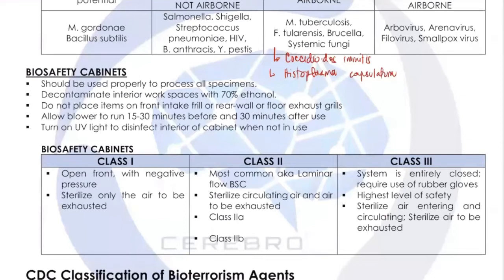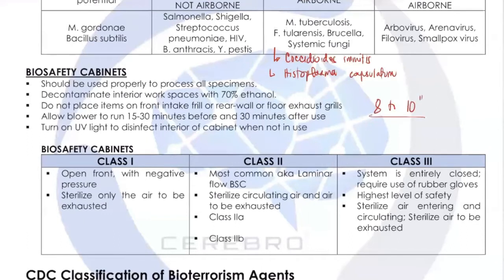Okay? So usually daw, di ba, meron tayong parang sash opening, no, sa ating biosafety cabinet. So the sash opening is usually 8 to 10 inches. So usually when you are sitting in front of a biosafety cabinet, yung sash daw is in the level of your axilla or your armpit, no? So the opening is approximately 8 to 10 inches, no?